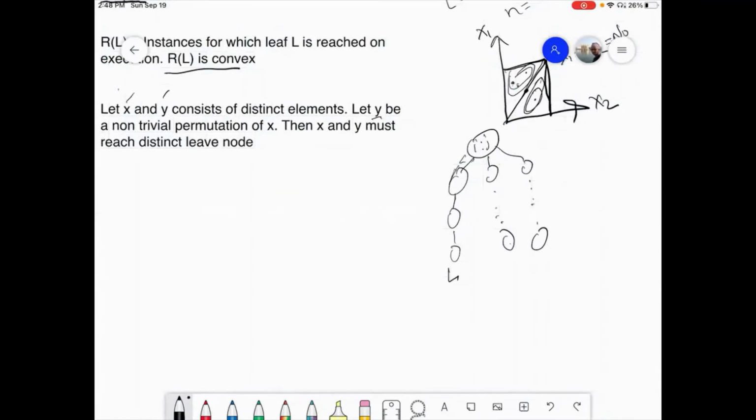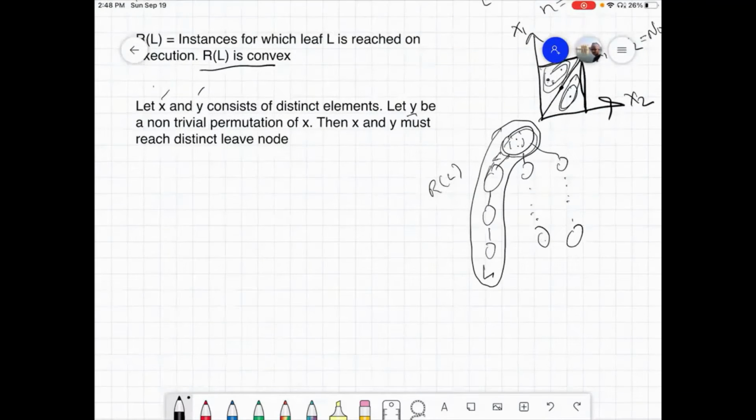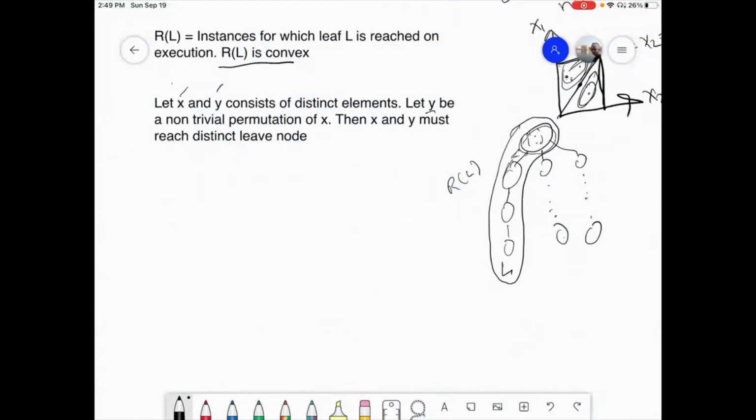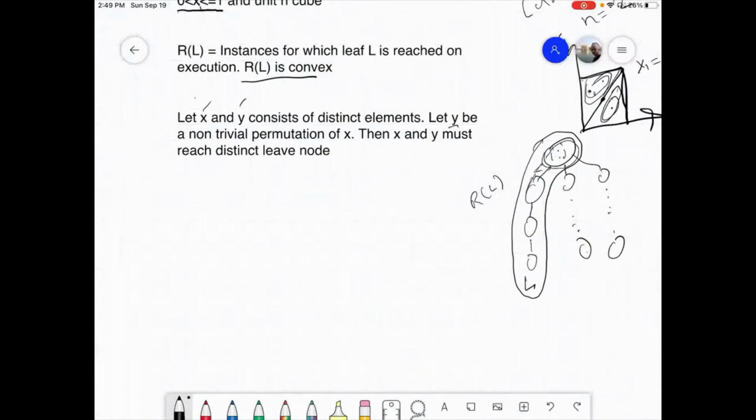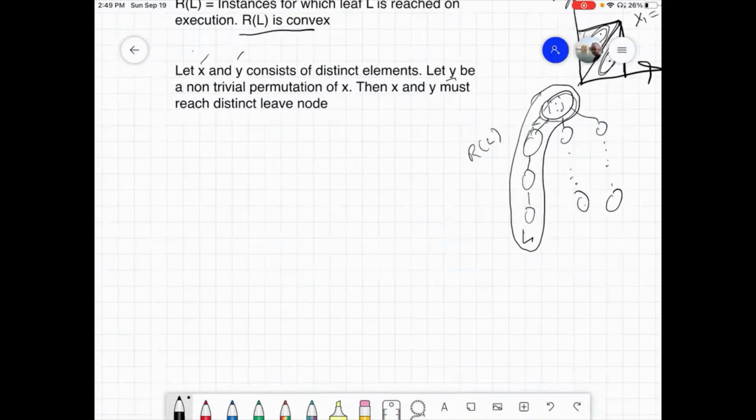So RFL is nothing but it means that, after multiple executions on X, we reach L. So this is what RFL represents, this path. And coming to the other definition, convex. So let's consider an example of a torus here.